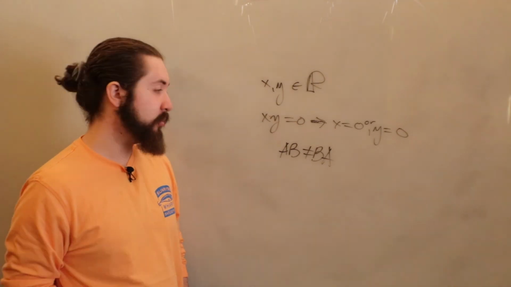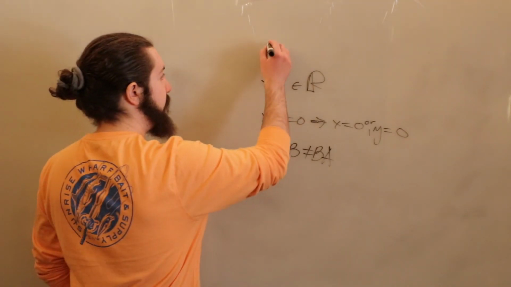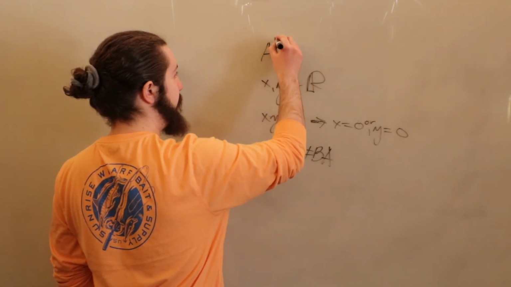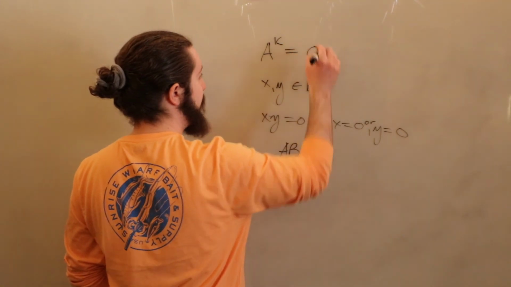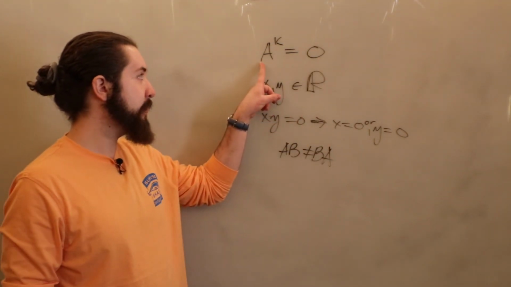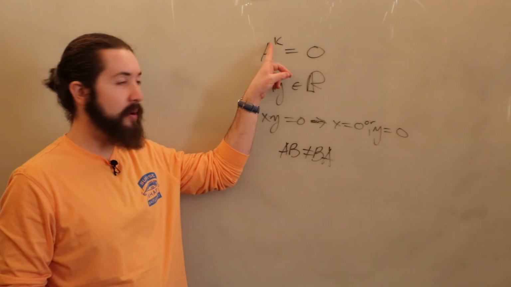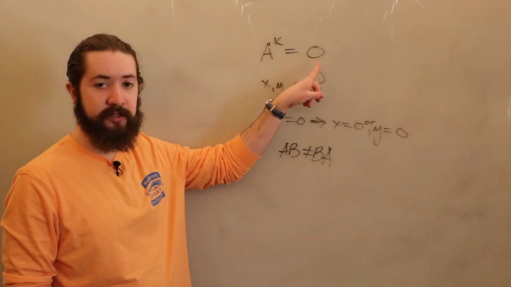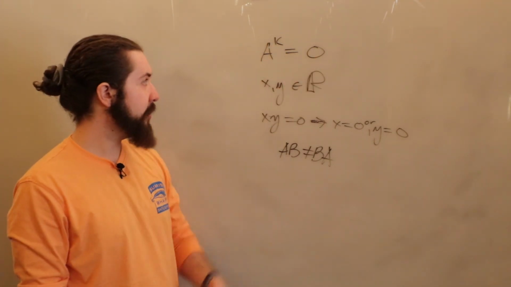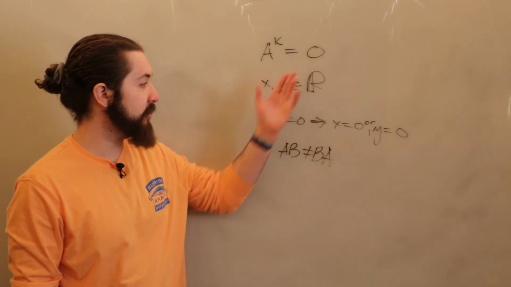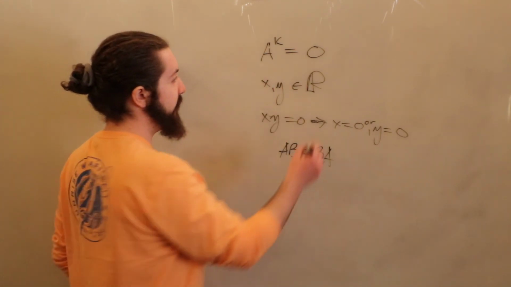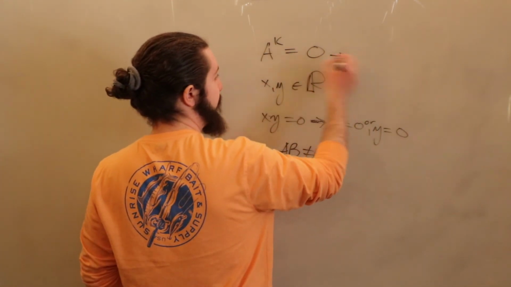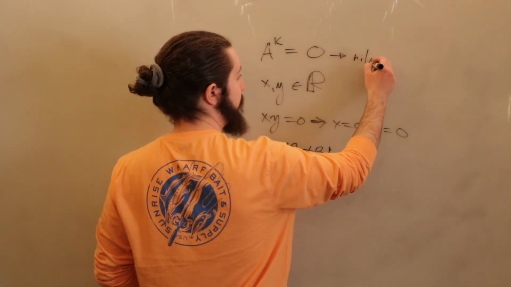Notably, the matrices which we were just looking at have another special property, so that if you have some matrix A and you raise it to some finite power and you eventually get the zero matrix, you multiply by itself enough times and you get back the zero matrix, then that matrix A is called nilpotent.